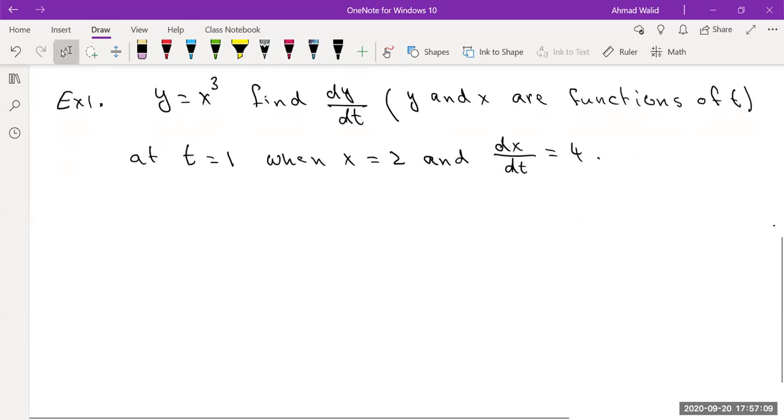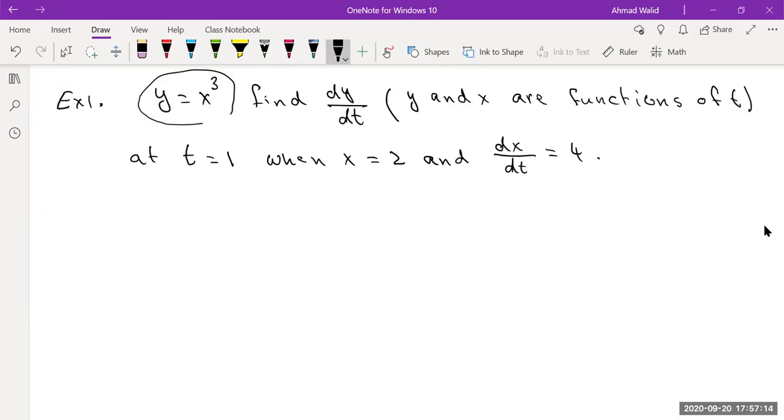Now, how to deal with it? Start with the given function. The given function is step 1, y equals x cubed. Take the derivative of both sides in respect to t implicitly.